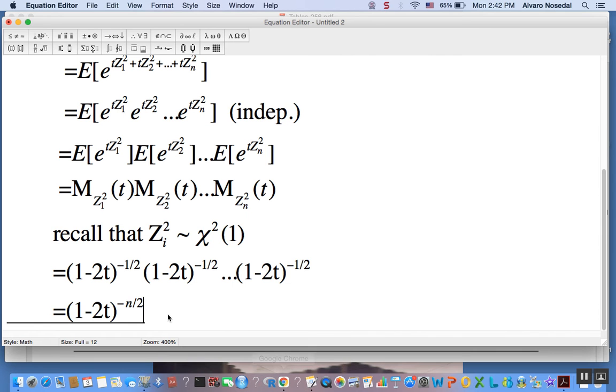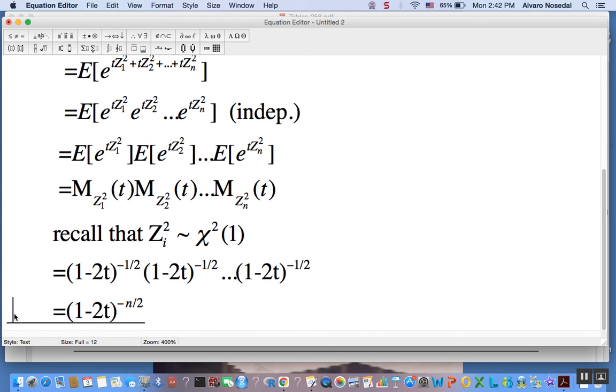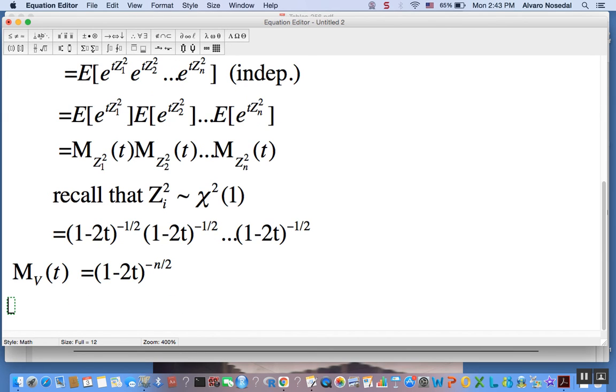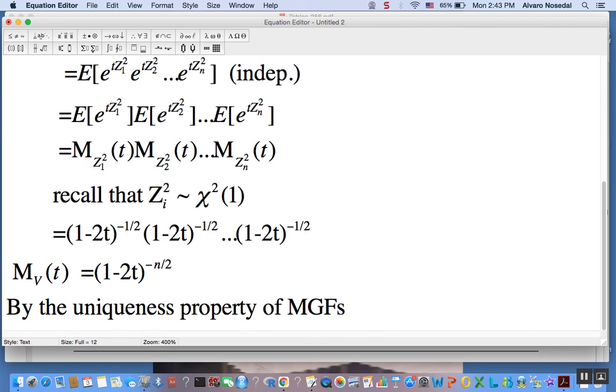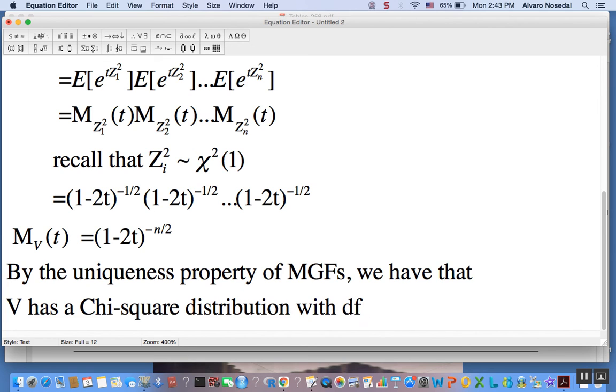So by the uniqueness property of MGFs, we have that V has a chi-square distribution with n degrees of freedom.